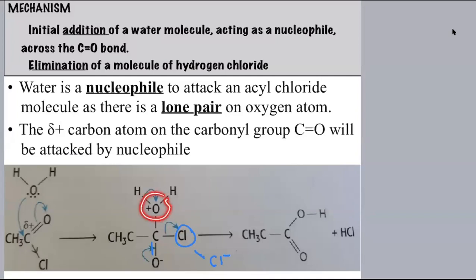In order for it to be neutral, because you want a neutral product at the end, it has to receive electrons. And the only electrons that you can get is from one of the OH bonds. So one of the OH bonds breaks and then the electrons go to the oxygen. So that becomes negative and positive neutral.